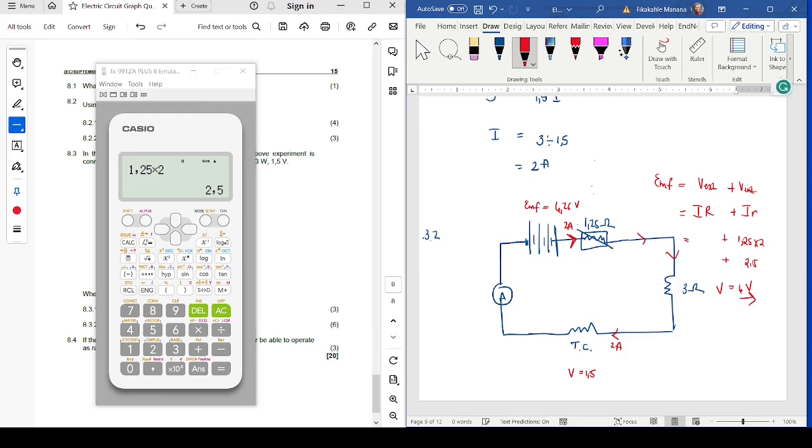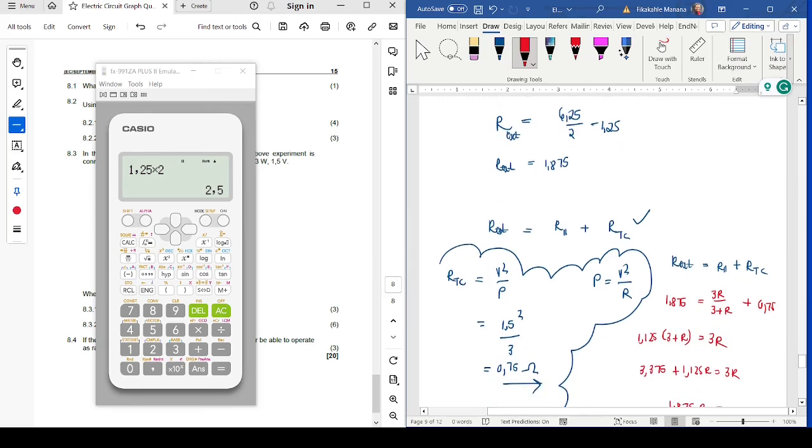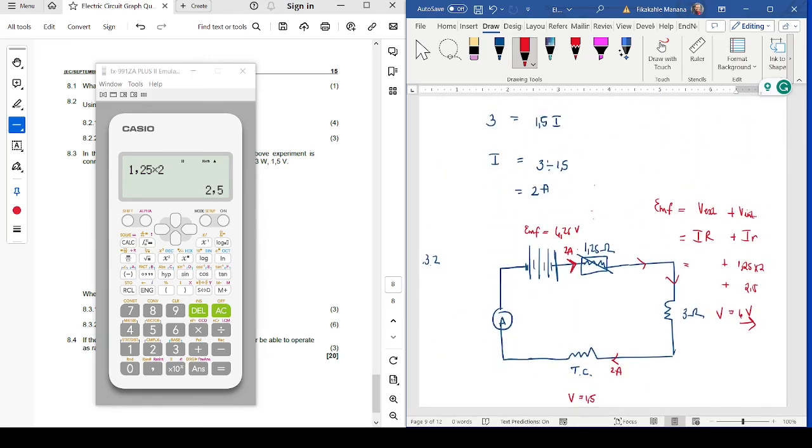And then our external resistance now would be 3 plus, what was the voltage there? 0,75, ne? So 3,75.